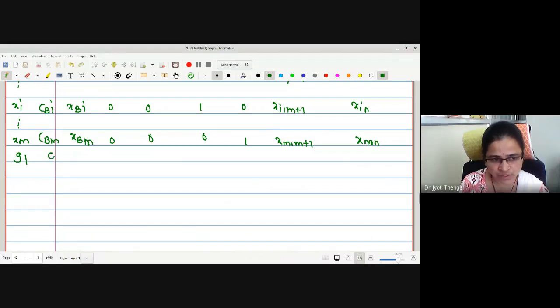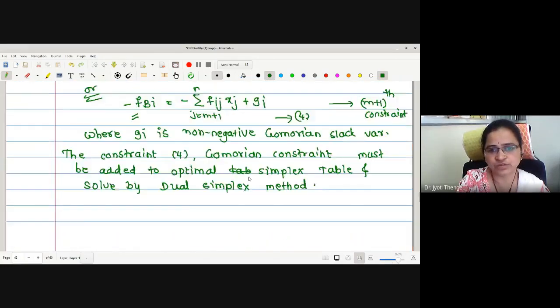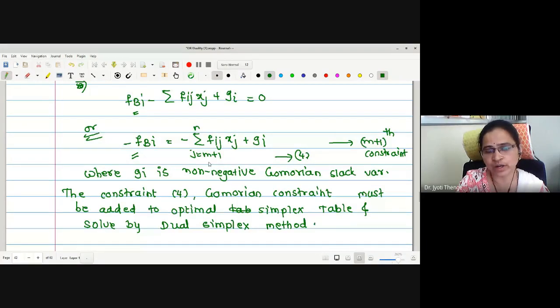The cost of this added basic variable is 0. What is the value? Is it minus fbi? Right? No. Here all these values are 0, 0, 0, and it will start actually from m plus 1 to n. What is the coefficient of m plus 1 for i equal to 1? Is it f1 m plus 1?